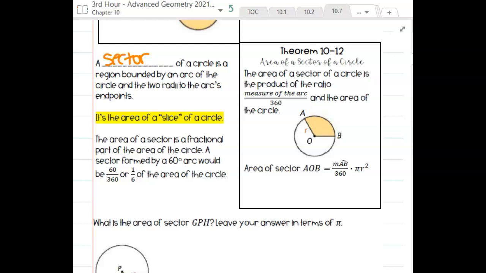That's the technical definition, but you're basically taking a slice of the circle. Like yesterday, I think the formula looks more complicated than it actually is. To find the area of sector AOB, you take the measure of arc AB, how big that is, over the entire circle, which is 360, times the entire area, so pi r squared.